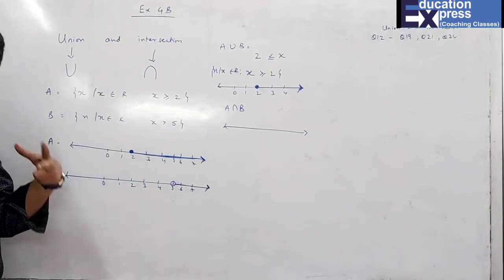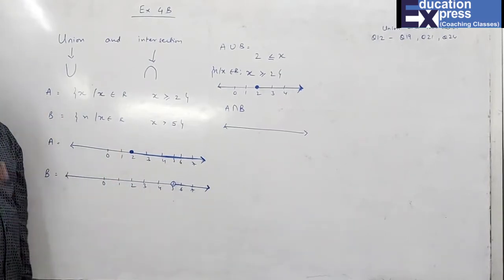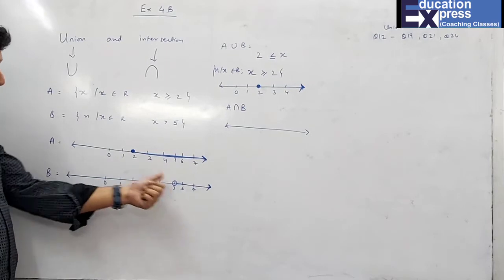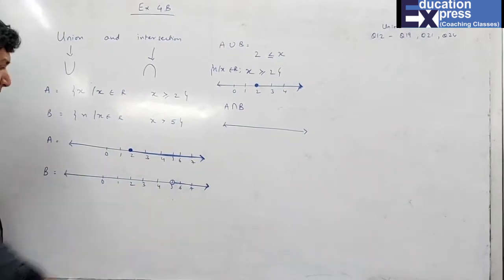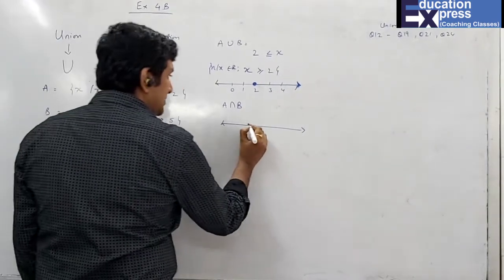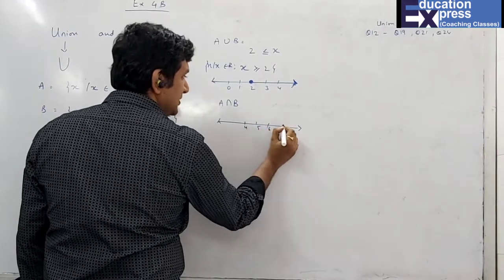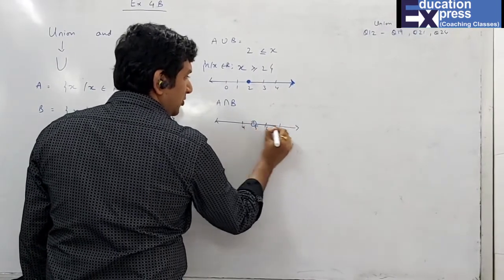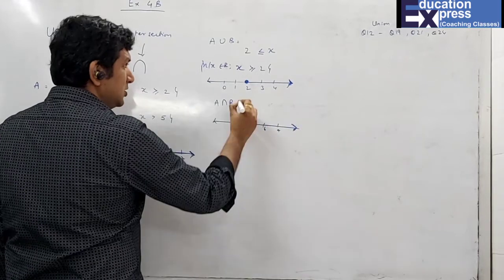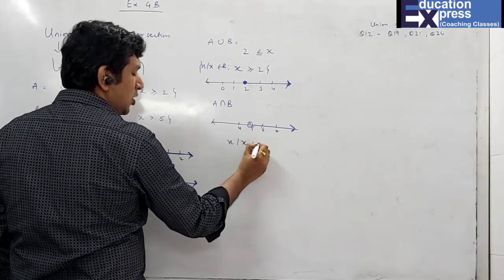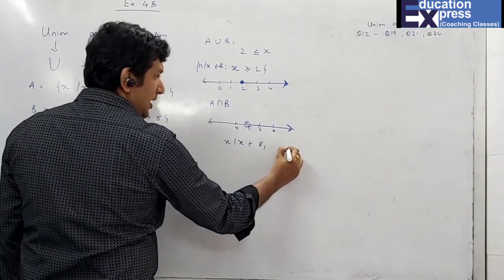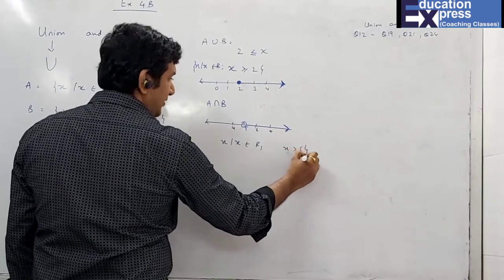That means for intersection, always remember students, you have to write those numbers which are at the minimum left or minimum right. So the minimum left is 5. So I'll start with 5, 6, 7, not included, and then throughout. So it will be x such that x belongs to real numbers, x is more than 5.